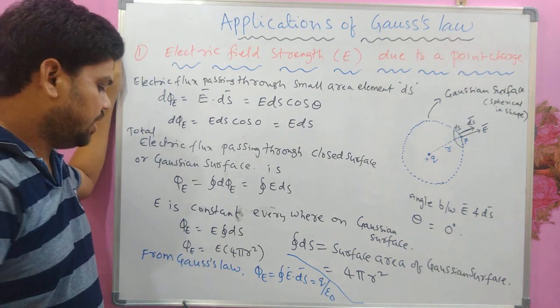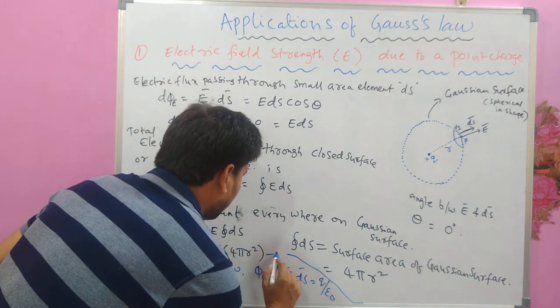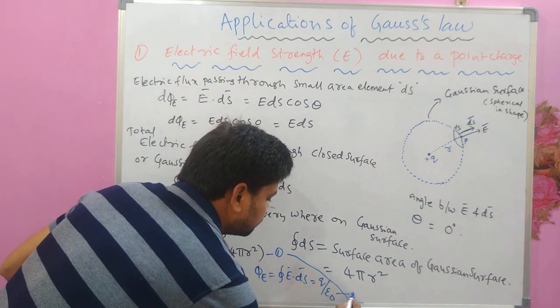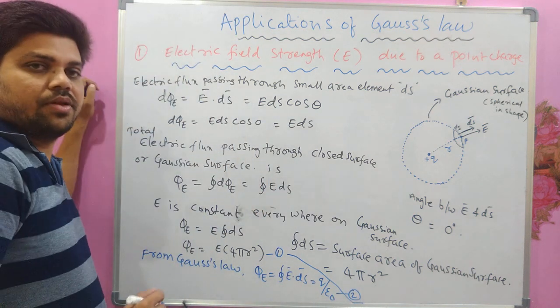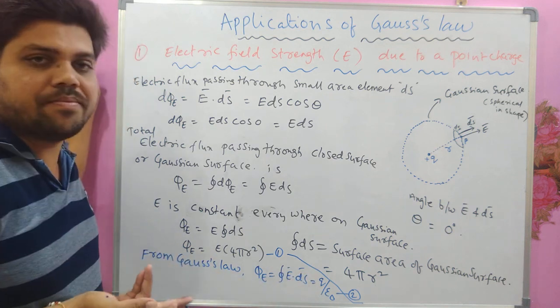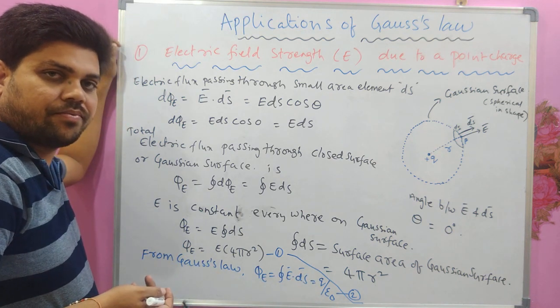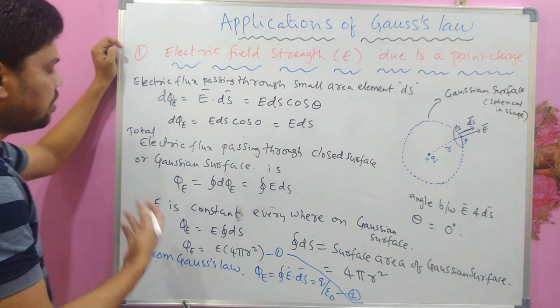Which means that if I give this equation number 1 and this number 2, 1 and 2 are the same. What would I get?